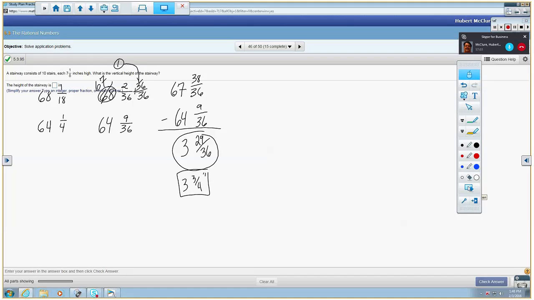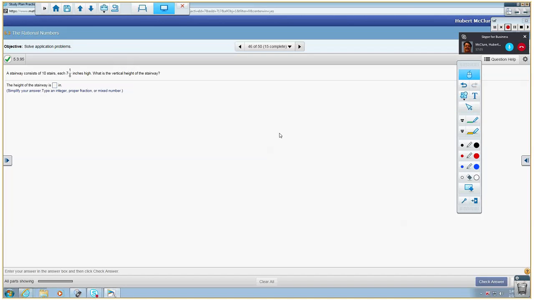This one says a stairway consists of 10 stairs. Each stair, or each step, is 7 and blah, blah, blah high. What is the vertical height? Okay, stop.